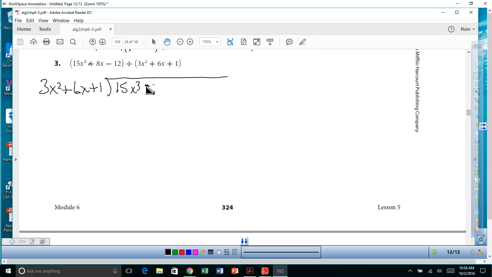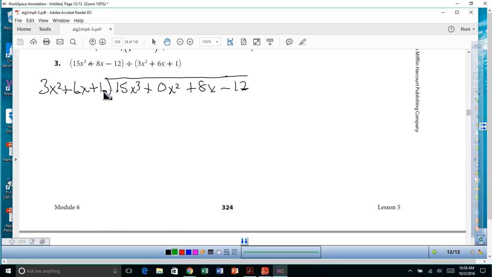There's no x squared, so we're going to put plus 0x squared plus 8x, and then minus 12. Notice how I'm giving myself plenty of room, so I can keep everything spread out and it does not bunch and get complicated.